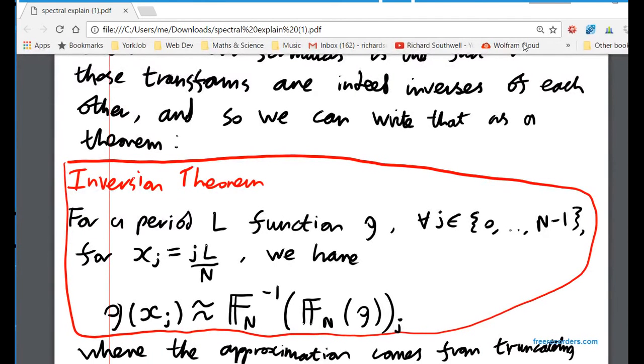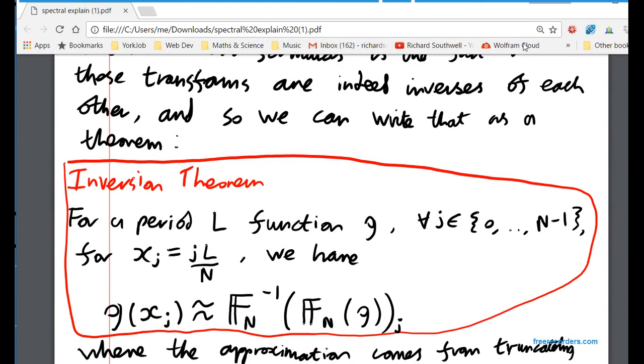So here it is. Let's call it the inversion theorem. Let's make it a theorem that we have to prove that, yes, if we have a period L function and we have these F_N and F_N inverse, that if you apply one and then you apply the inverse of the other, you get back to the value of g at your grid point.